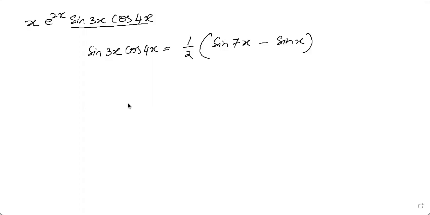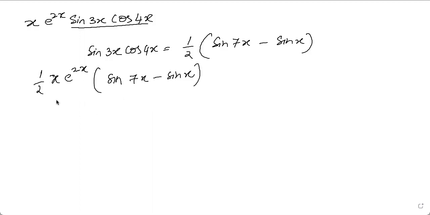Let us solve this. So x e to the power of 2x is multiplied by 1 by 2, let's keep it outside. So this is sine 7x minus sine x, right?